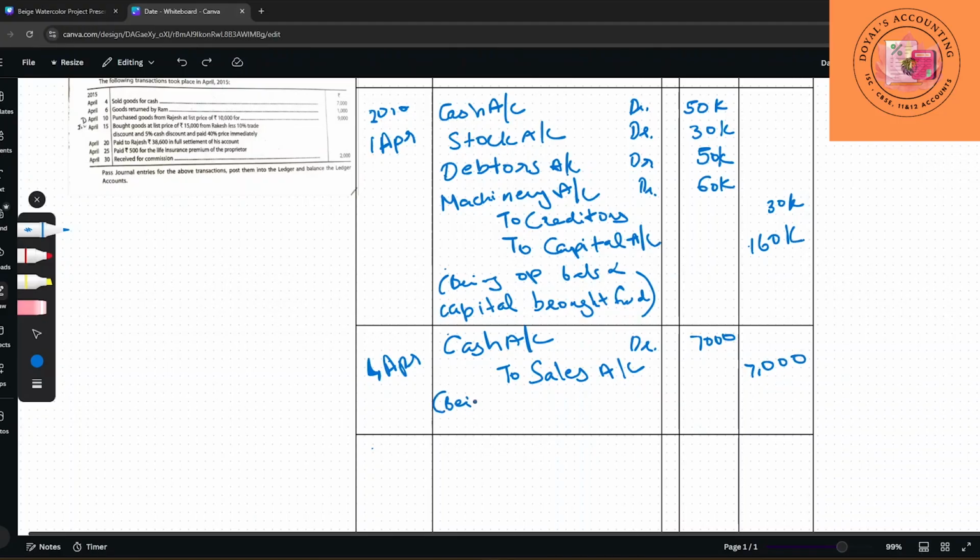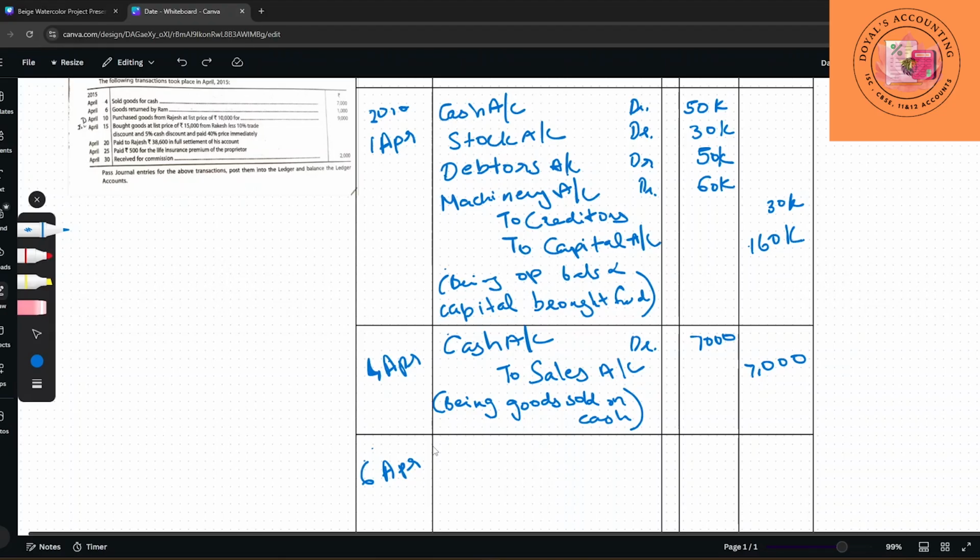Being goods sold on cash. Now the next entry, 6th April, goods returned by Ram. Okay, so goods returned by Ram can be considered as return inwards, which means it's a sales return. Sales return in a way is a kind of a loss because we're getting back the goods.